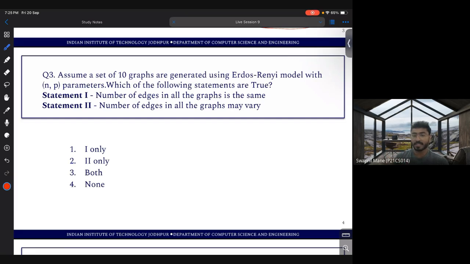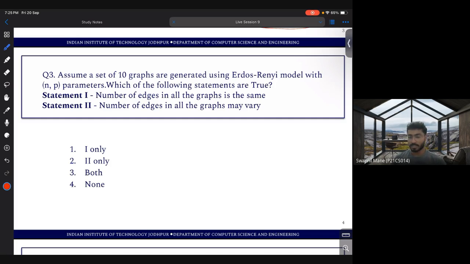We also saw this scenario in previous lectures. So for generating a random graph, we consider the number of nodes n and p. These are called the Erdos-Renyi model parameters.